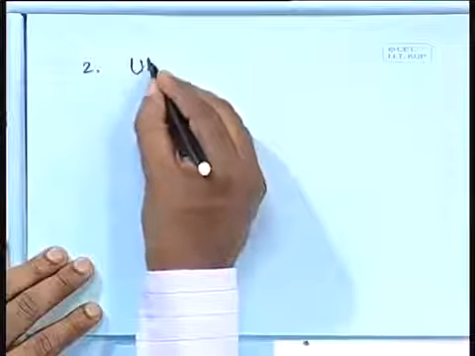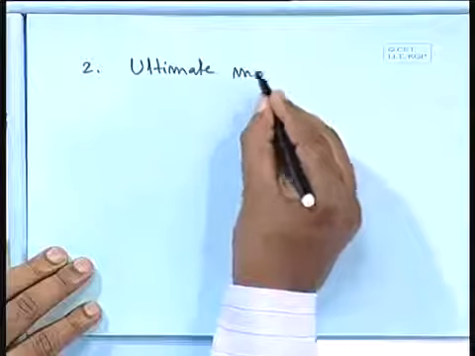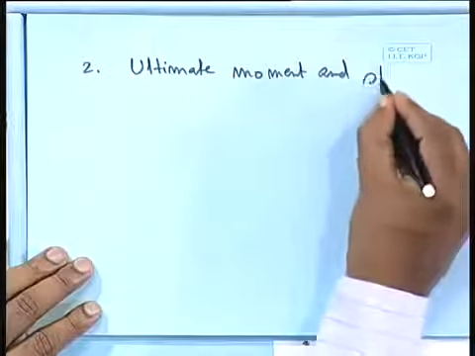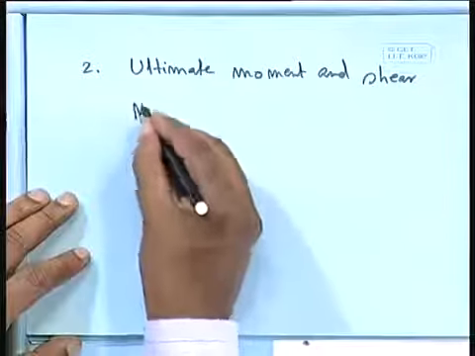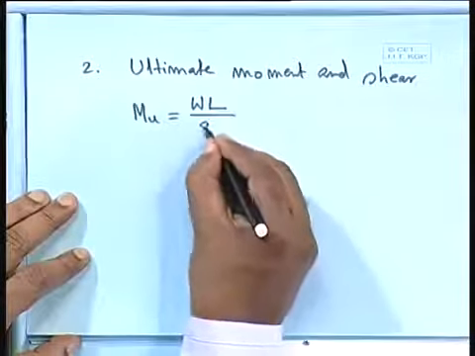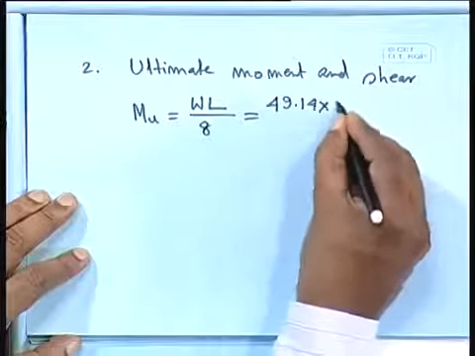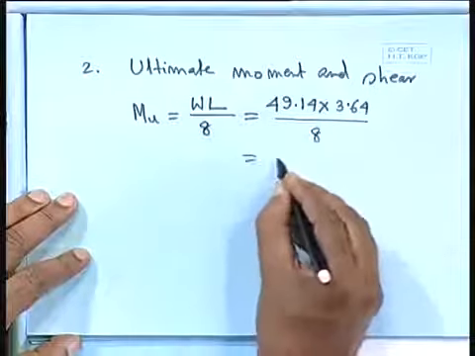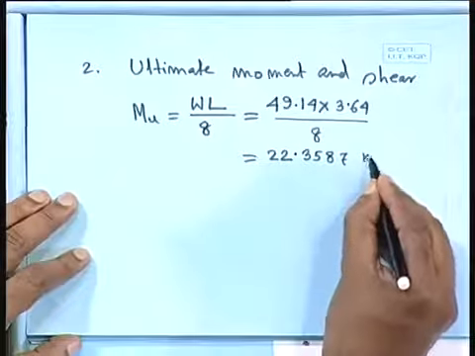Now let us calculate ultimate moment and shear. MU equal to total load times effective span divided by 8, equals 49.14 times 3.64 divided by 8, equals 22.3587 kilonewton meter.